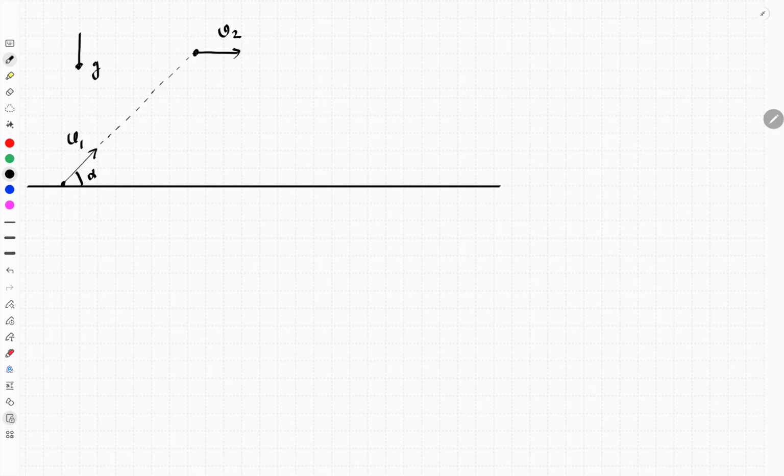That's why stone will change its direction. I don't know, for example, like this, and somehow it will meet with the duck. So this is what is given. So we should find at what height the duck was flying.